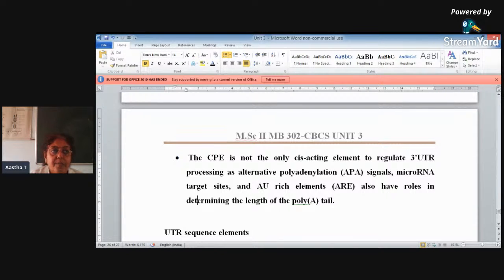So this cytoplasmic polyadenylation, it is not well studied अजून पण त्याच्यावरती खूप सारं रिसर्च होतोय.